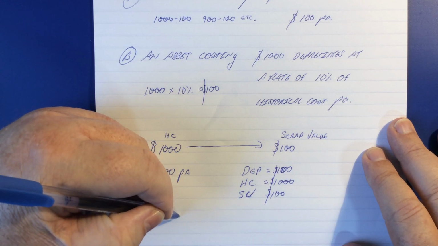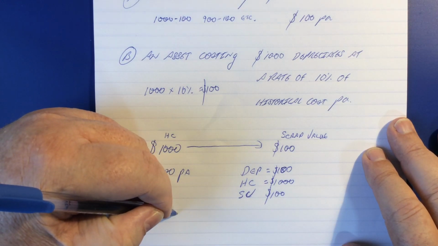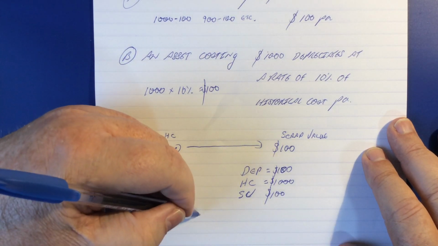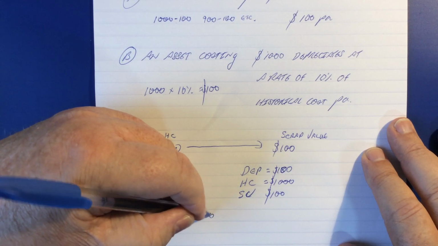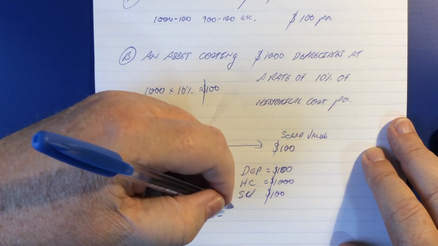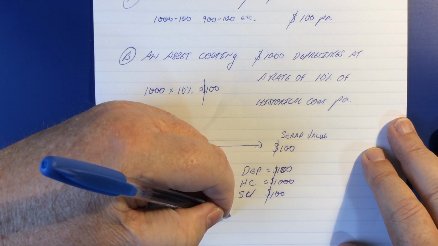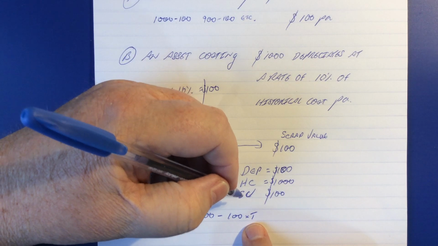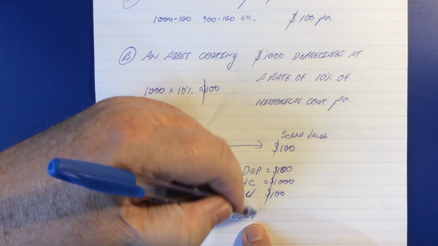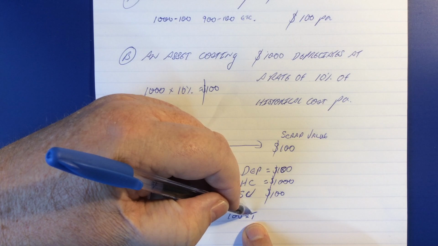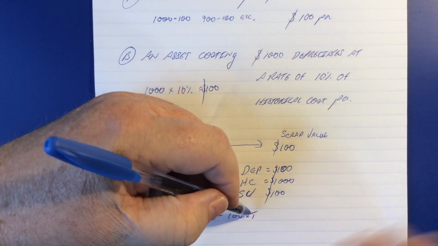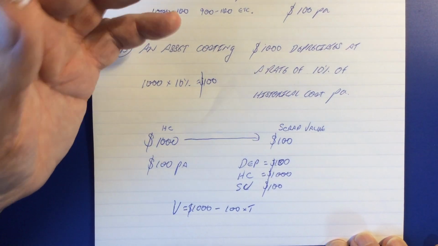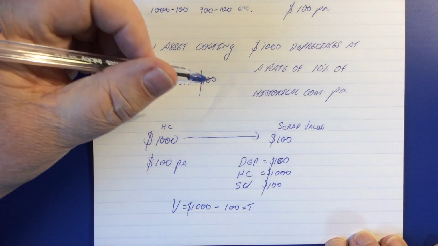So we'll say that the value of this object is equal to $1,000 minus $100 times t, or however you want to quantify the number of years. Okay, so let's just say that we want to know what the value of this thing will be after 2 years.